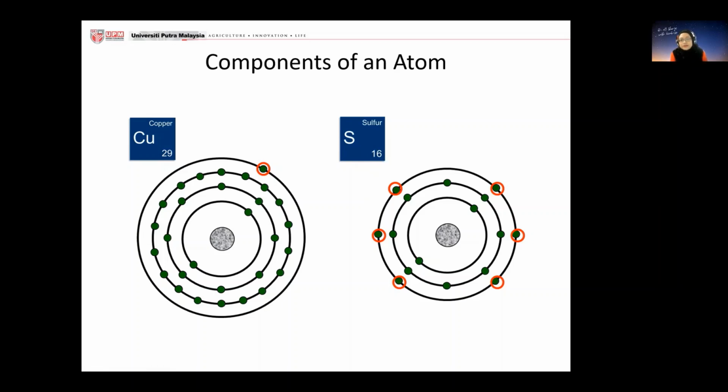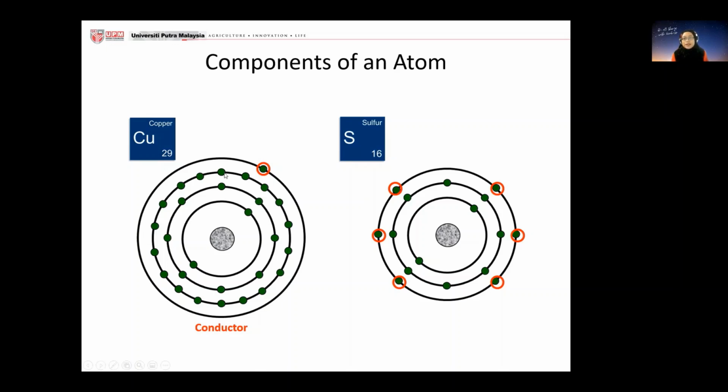If you have copper here, and you only have one electron at the valence orbit, and you compare that to sulfur, which has 6 electrons at the outermost orbit. Remember it's either 0 or 8. So what is important here? Actually, this is why we have conductors and insulators.